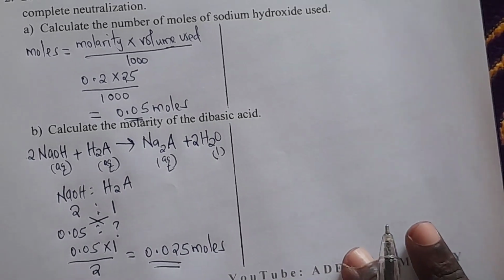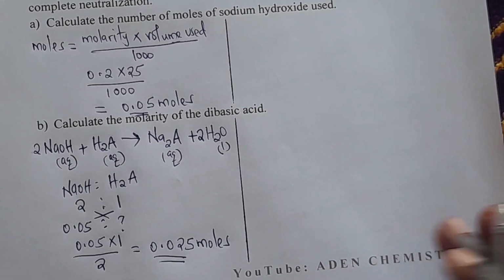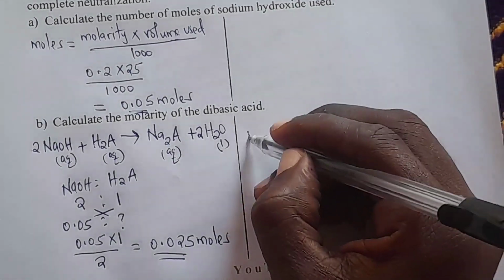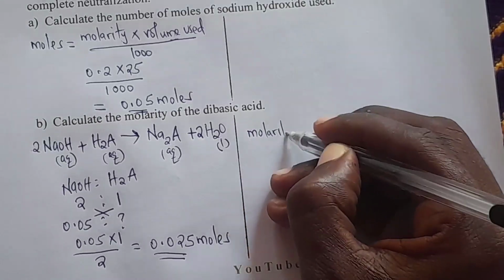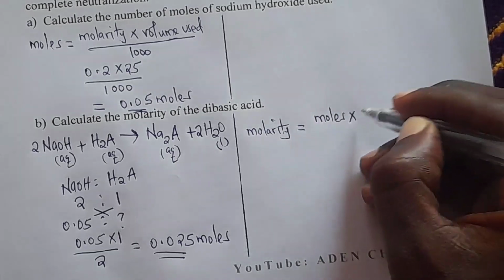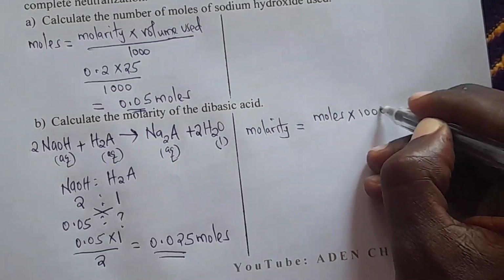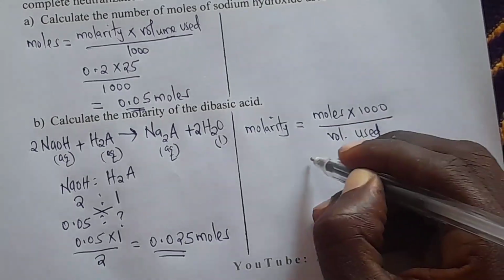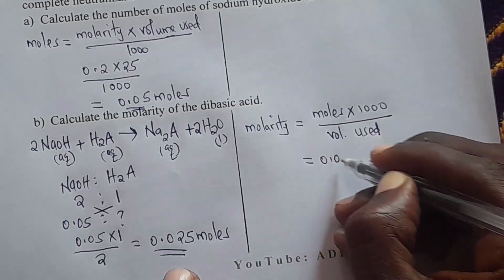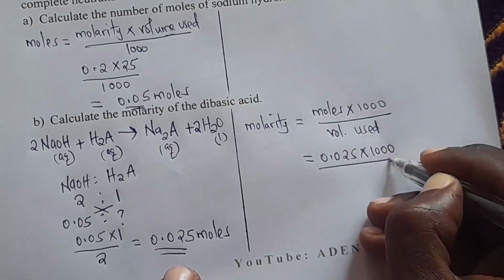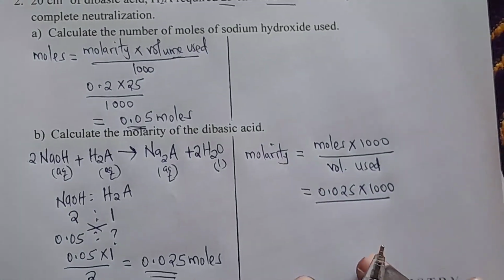So if we have the number of moles of the dibasic acid, we can get the molarity, because molarity is given by moles times 1000 over volume used. So the number of moles is 0.025 times 1000, which is in the formula, divided by the volume used of the dibasic acid.